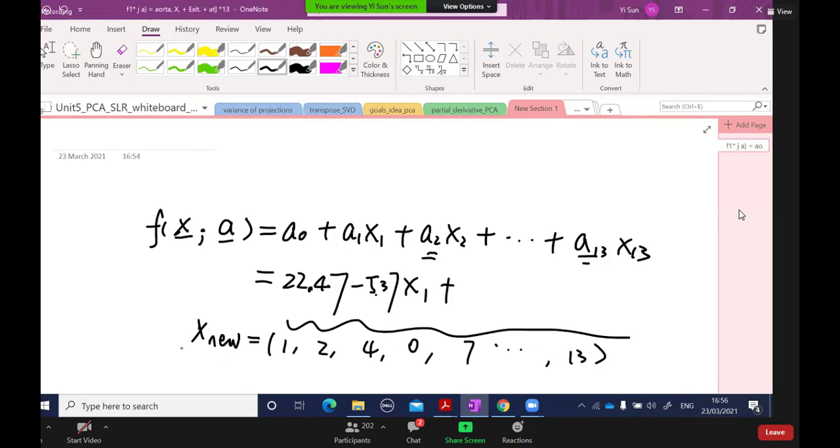What would be the prediction for this new point? Then you can write it down, right? 27 minus, multiplied by the new x1, that is 1, plus next A2, you need to check what A2 is, multiplied by 2. That is how you get the prediction.